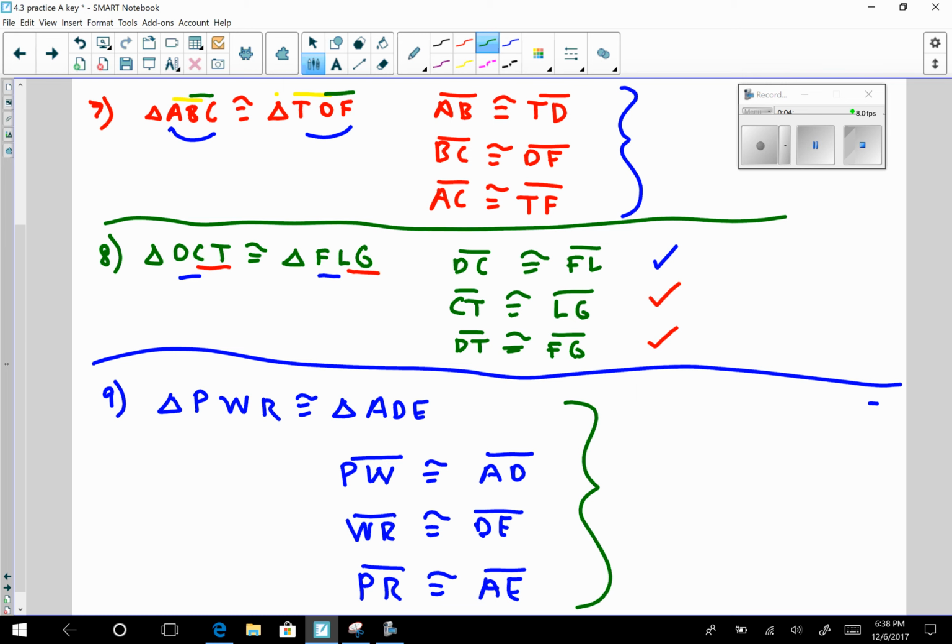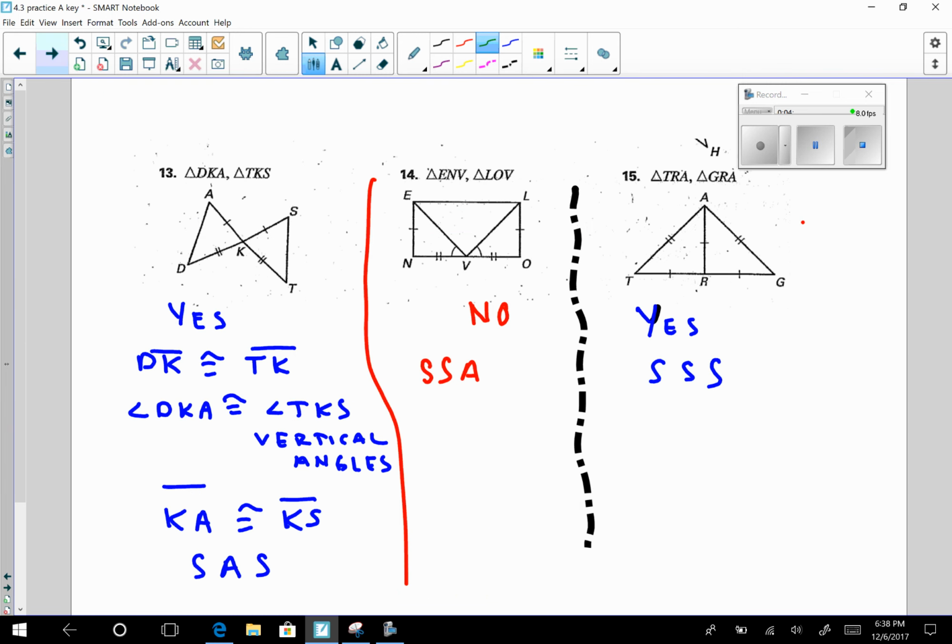Let's get on to a couple more problems. At this stage in the game, 4.3, we had only discussed 2 congruence theorems, 2 ways to prove triangles congruent. We had discussed side, side, side, and side, angle, side.